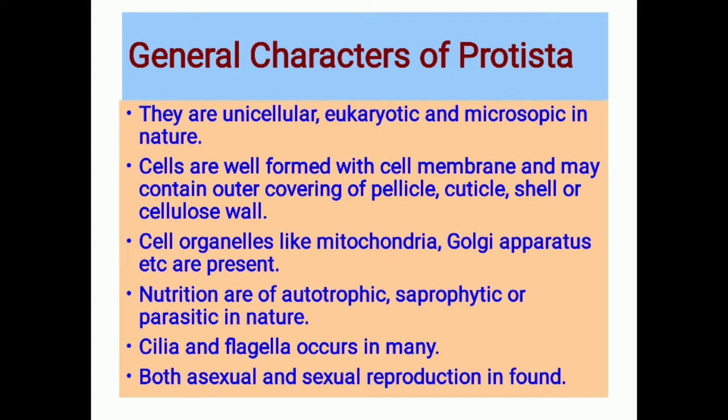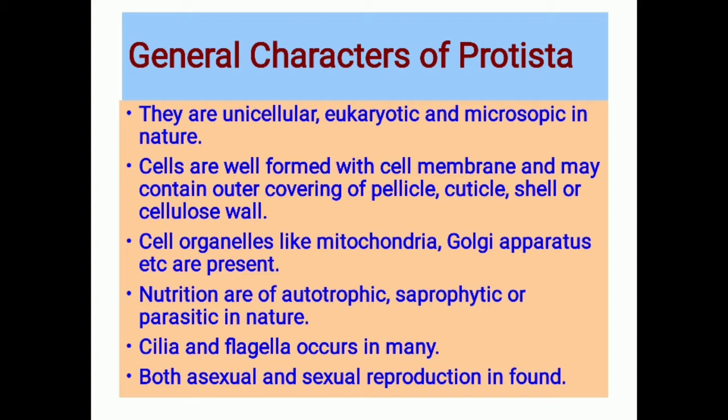The next characteristic is that the cell organelles like mitochondria, Golgi apparatus, etc. are present. These are all well developed cell organelles which are mostly found in case of a eukaryotic cell. Nutrition of these Protista is mostly autotrophic and heterotrophic, that is heterotrophic saprophyte or heterotrophic parasite in nature.